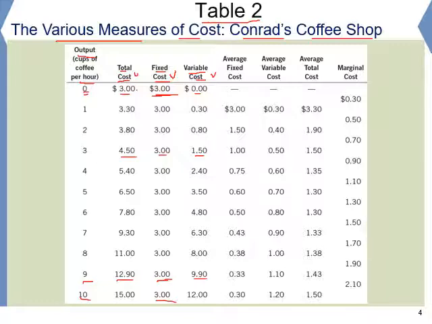So we can see that the total cost increases as output increases. The fixed cost doesn't change. The total variable cost increases also as output increases.